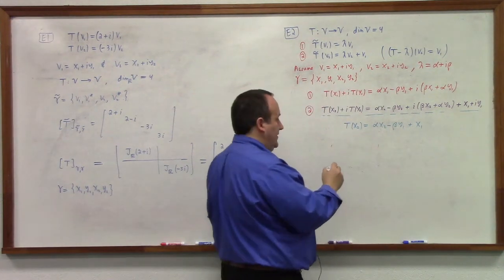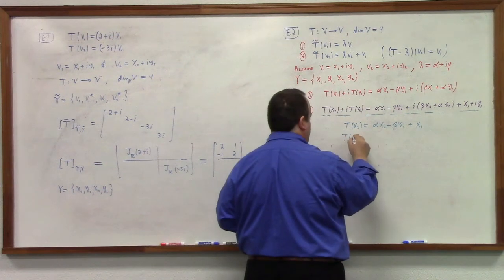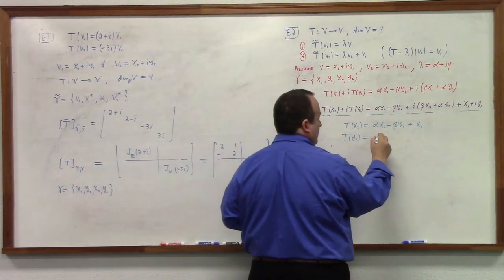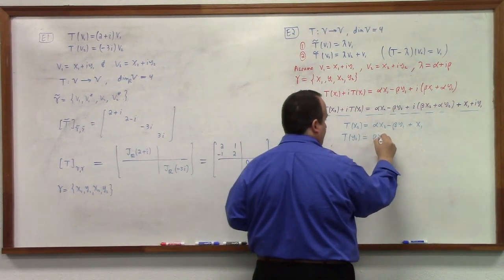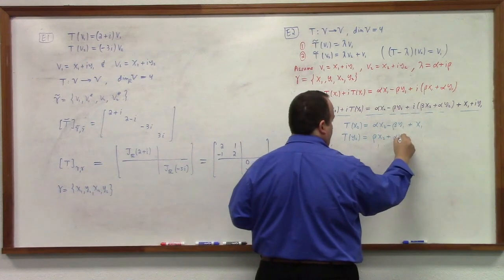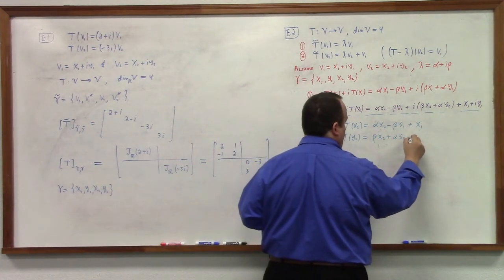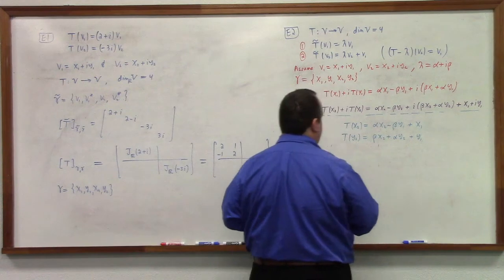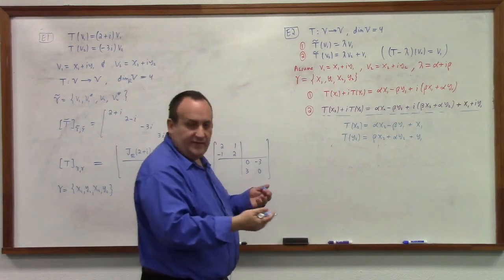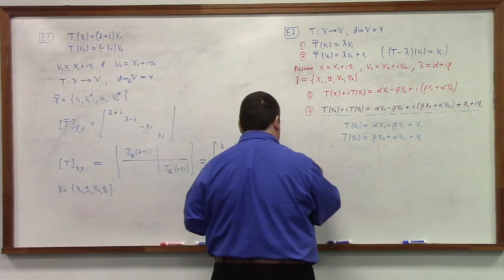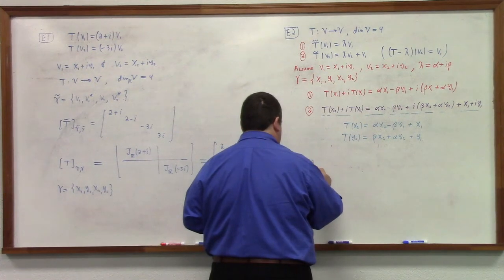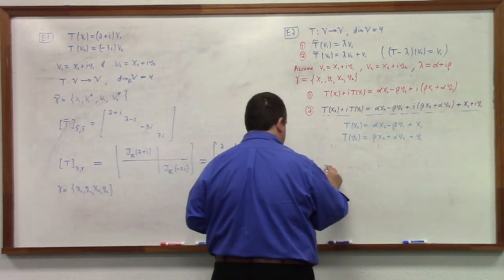And T of y2, what is it? T of y2 is beta x2 plus alpha y2 plus y1, right? So now we have all the things we need to figure out what's the matrix of T with respect to the gamma basis, right?